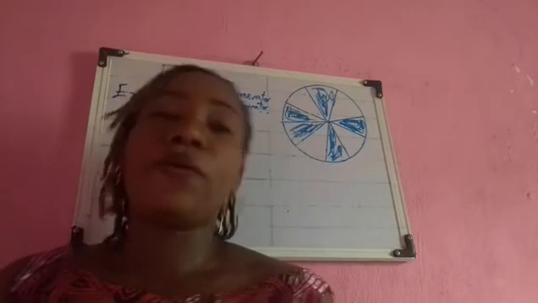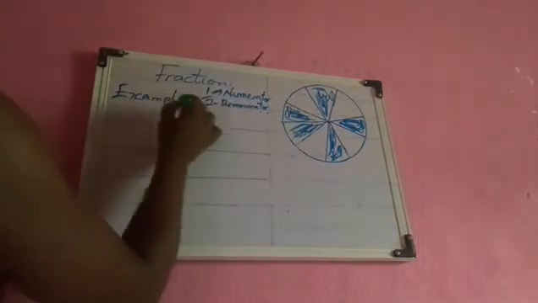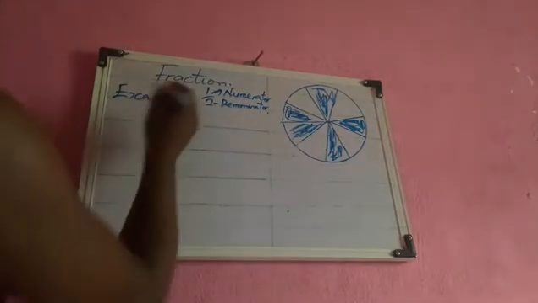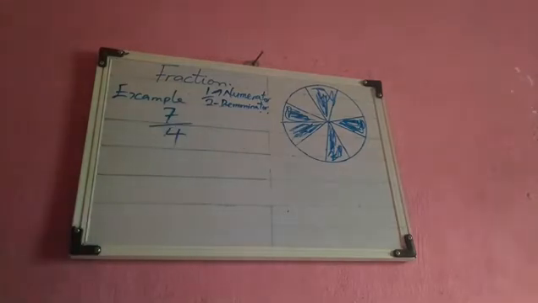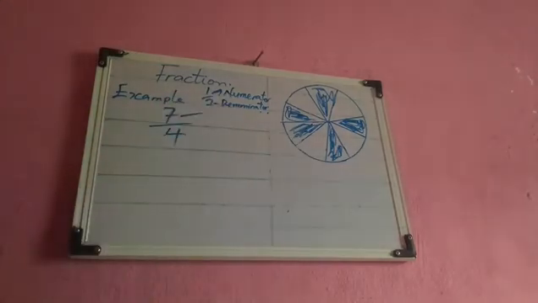For instance, we have 7 over 4. When we're looking at this, 7 is definitely bigger than 4. Good. So this is an example of an improper fraction.